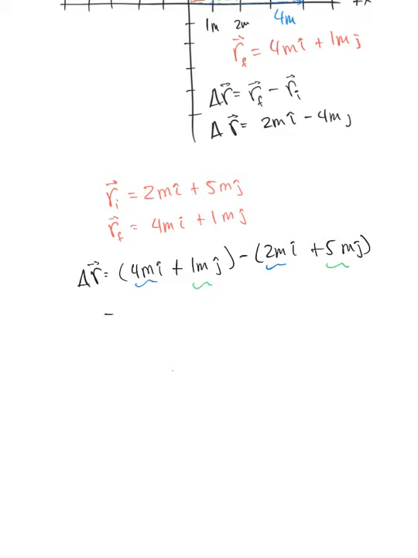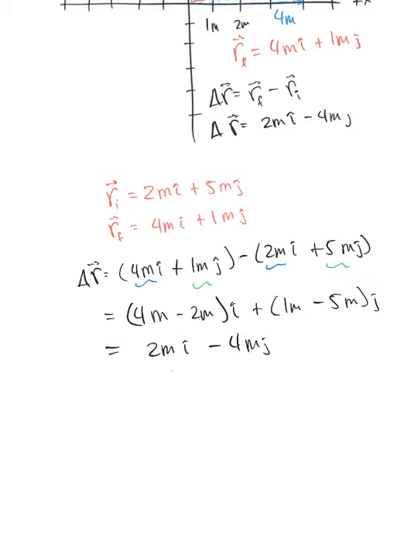Using this idea of independence of x and y, I can rewrite this as 4 meters minus 2 meters in the I hat direction plus 1 meter minus 5 meters in the j hat direction. And you'll notice that this leads us to 2 meters I hat minus 4 meters j hat, just like we found with our graphical approach.